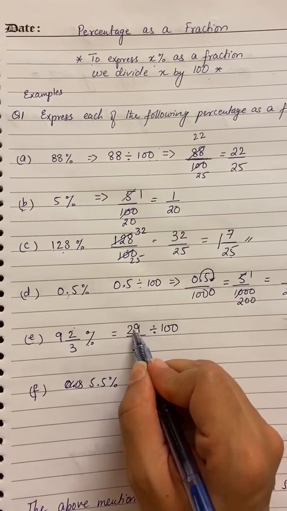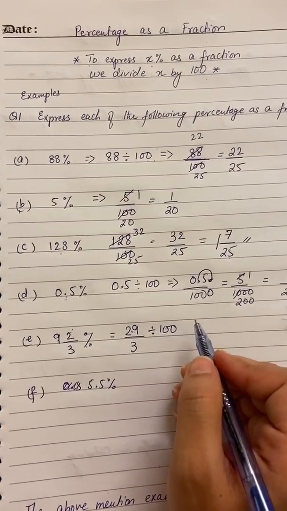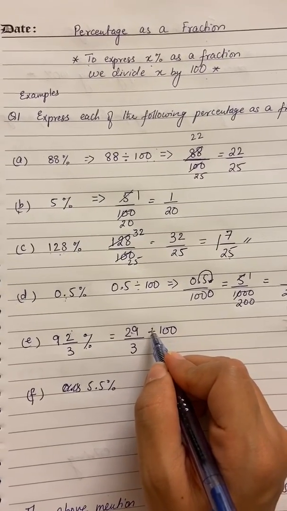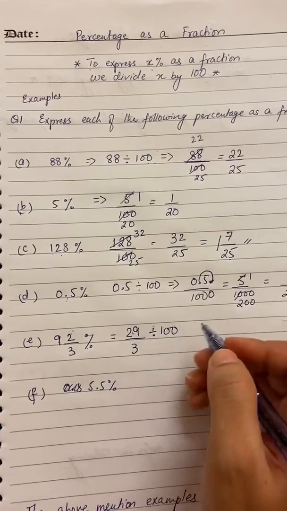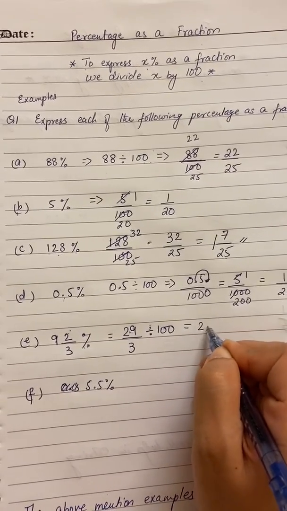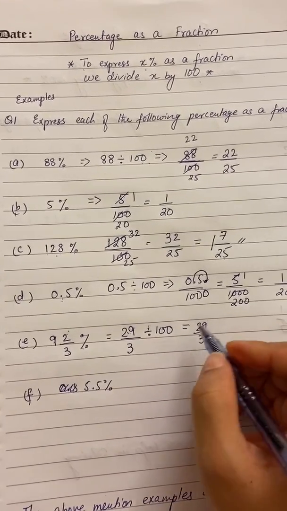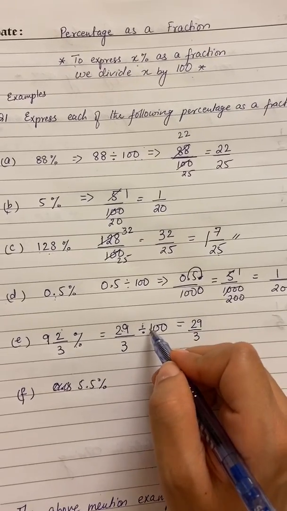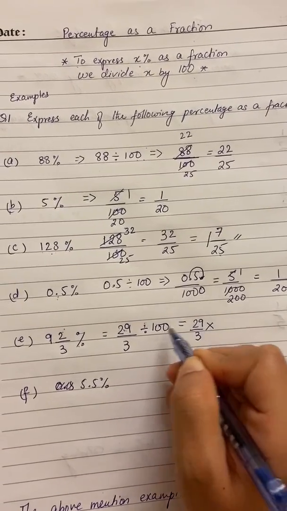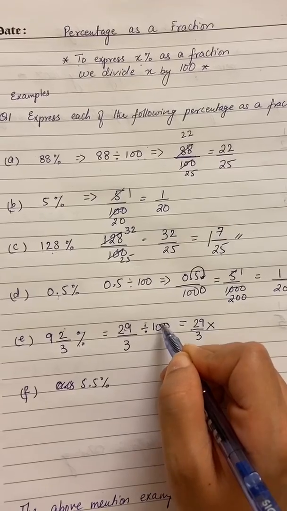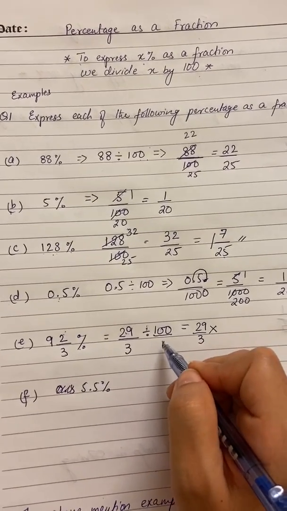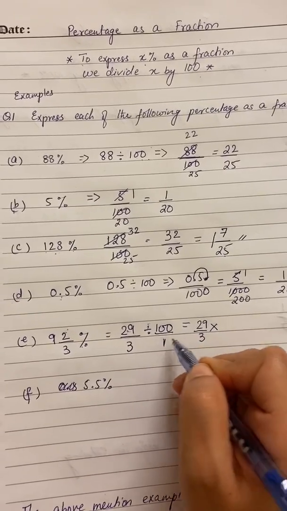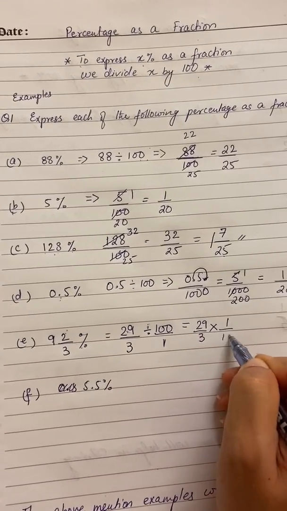It's not possible to divide these two, it will give me an answer in decimal. So I'll change this division sign into a multiplication sign. We have studied this in previous chapters: when we change this sign into multiplication, we switch the position. There is an imaginary 1 over here, it will go up and this 100 will go down. So it will look like 1 upon 100.